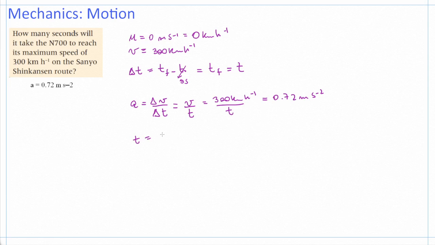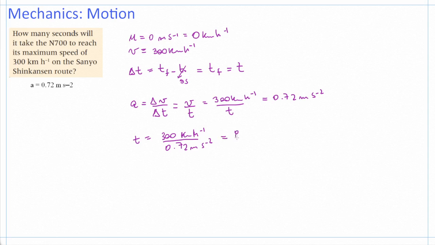So it would be 300 kilometers per hour over 0.72 meters per second squared. Now we have to watch out, because we've got things in different units. We'll have to convert everything to the same unit. So I'll just recalculate 300 kilometers per hour in meters per second.